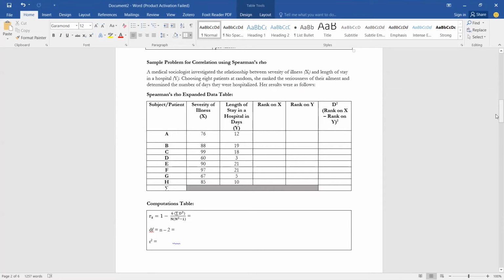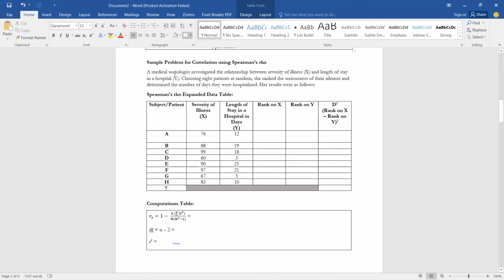So just bear with me as I do that. But for this one, we will do the sample problem with the correct answers. So disregard what I've sent you earlier for Spearman's rho.